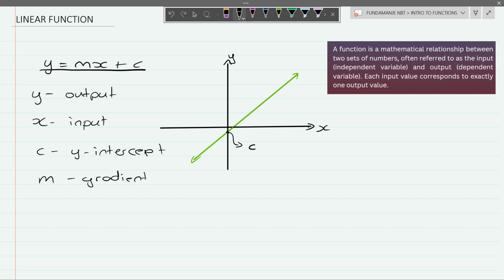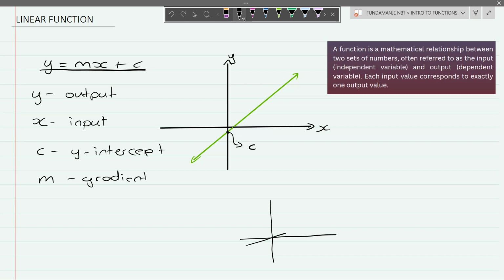Then we have the relationship between the input and the output, which is known as the gradient. It is the quotient of the change in the output over the change in the input. Basically, you can call it the rate of the function, because it measures how fast or how slow the function grows.